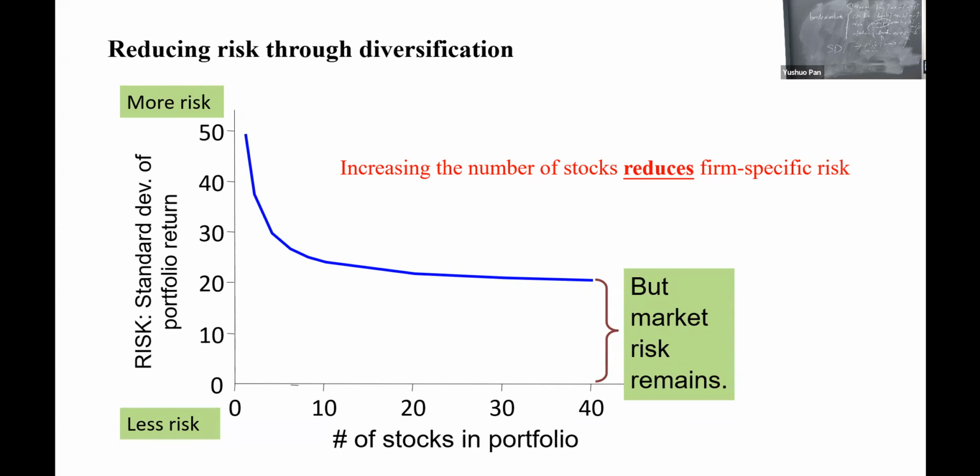If there is a risk, there is going to be some interest there. So that's what this figure means. With the number of stocks in the portfolio, your risk is going to decrease and so do your returns, because there is a positive relationship between risk and return.